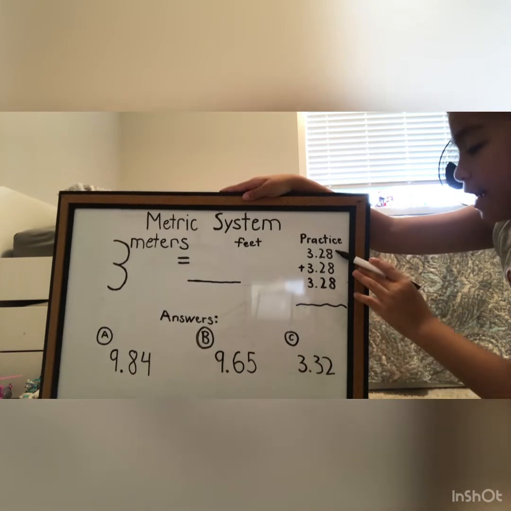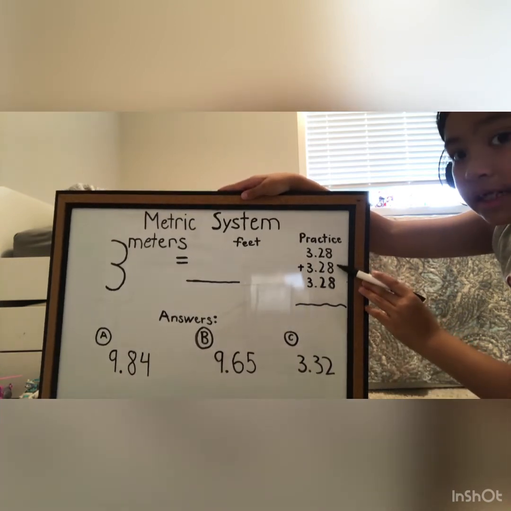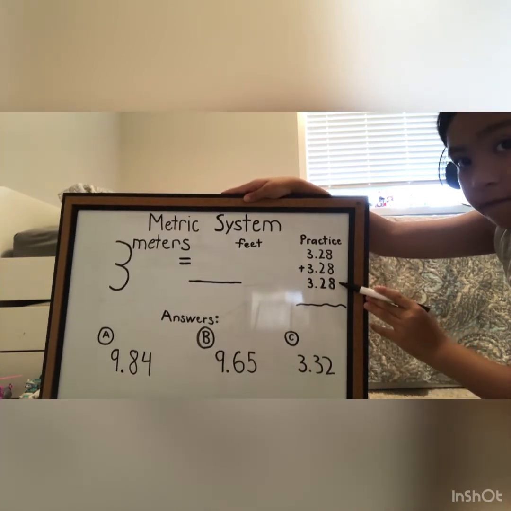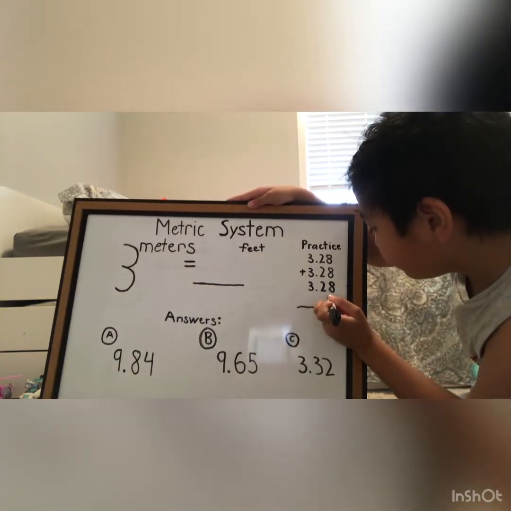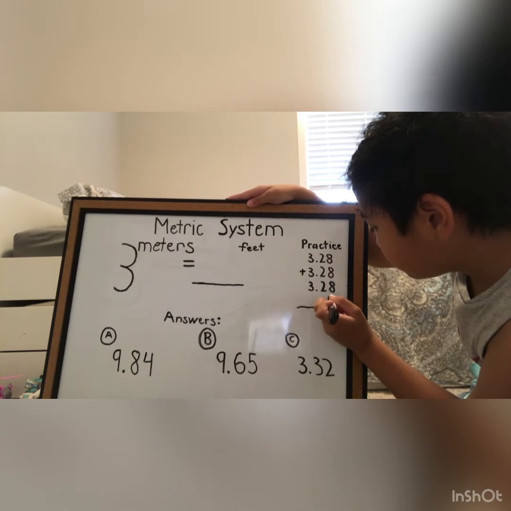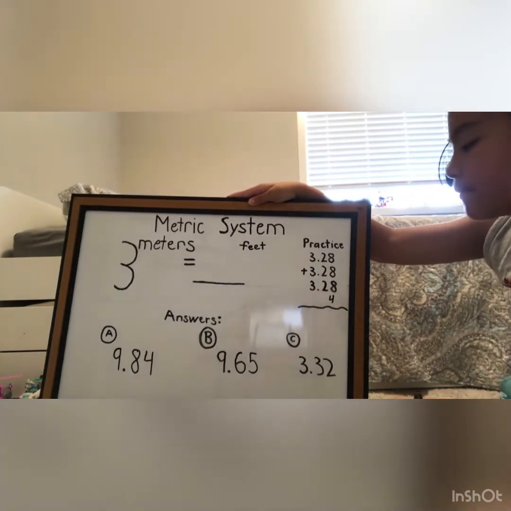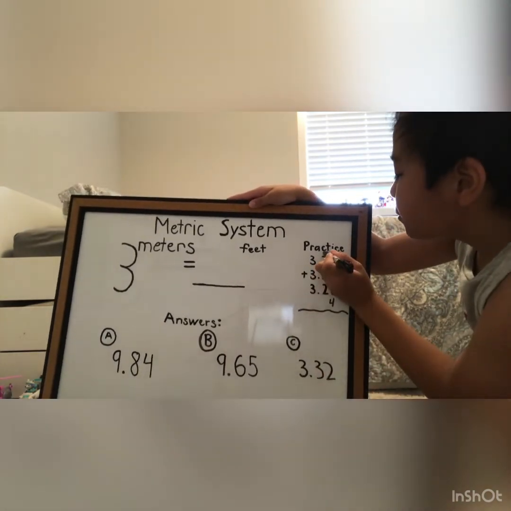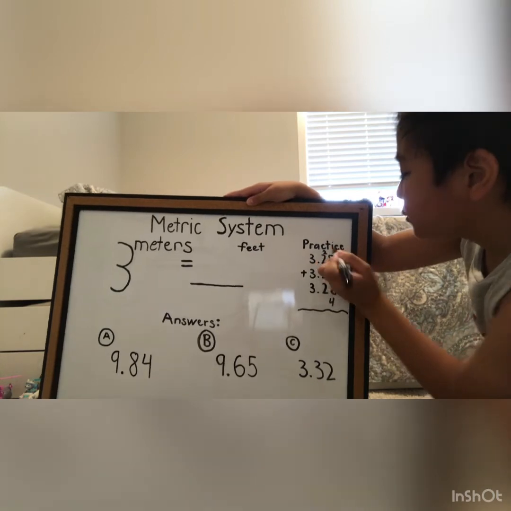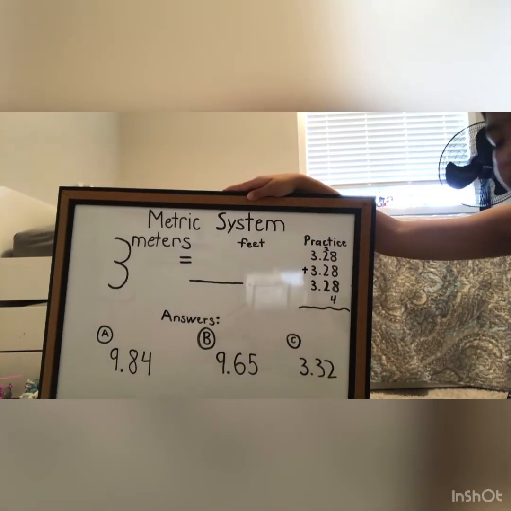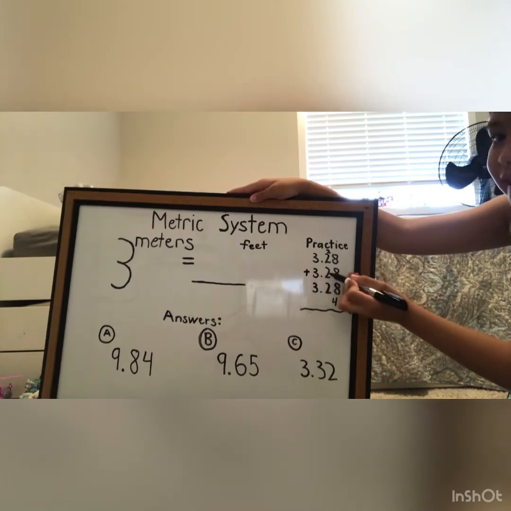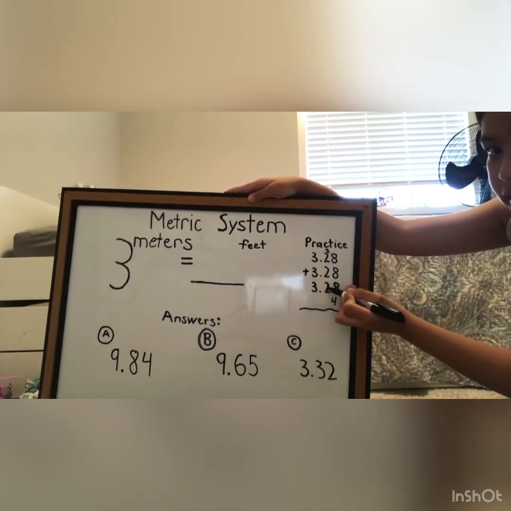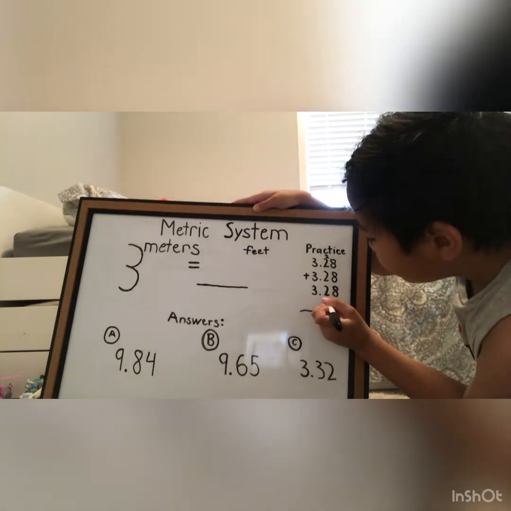So 8, 16, 24. So you're going to put a 4 here. And then you're going to put a 2 on top of the tens. 2, 4, 6, 8. So I put an 8 here.